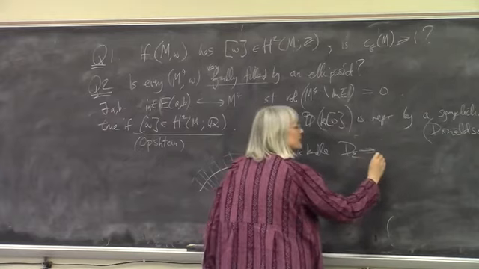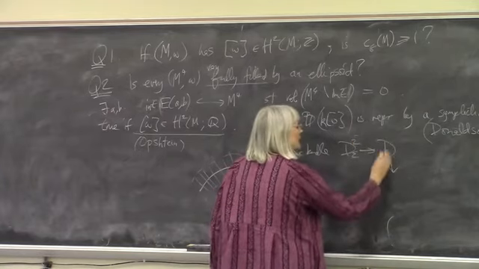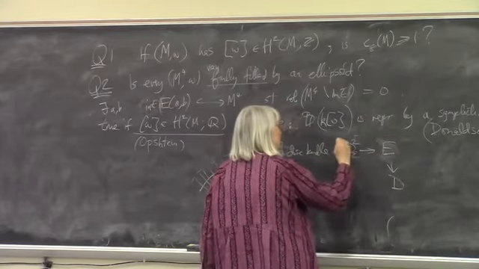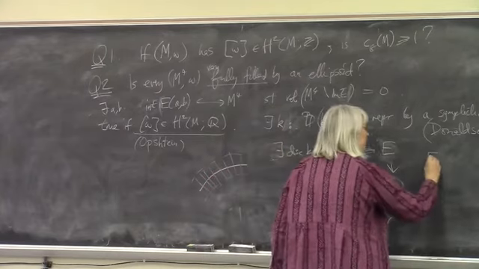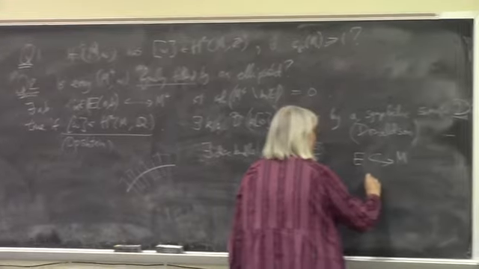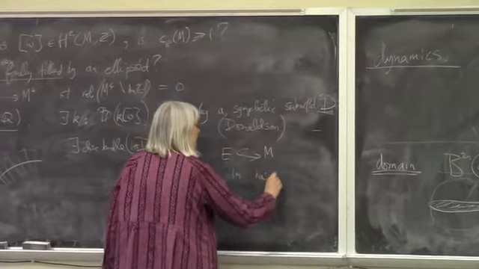Well, to D, disk bundle to D. And this open disk bundle, you can choose it so E actually embeds into the manifold, and the image is everything. The image has zero volume.